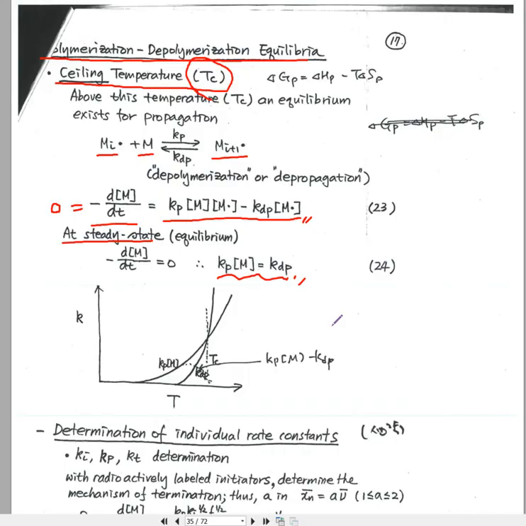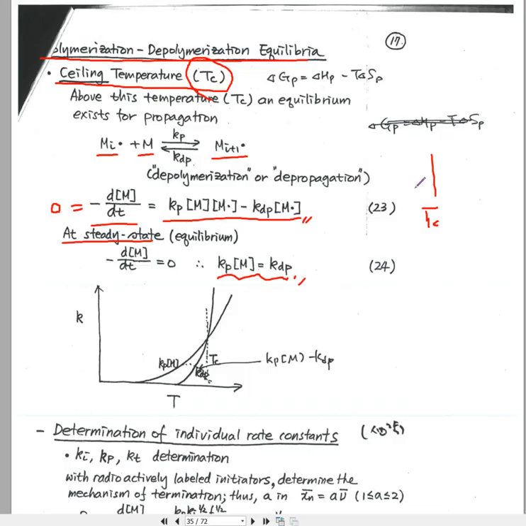Okay. So which means that depending on the temperature, at a boundary between a certain temperature, which is denoted as the ceiling temperature here, below this ceiling temperature, the forward reaction will be more favorable.